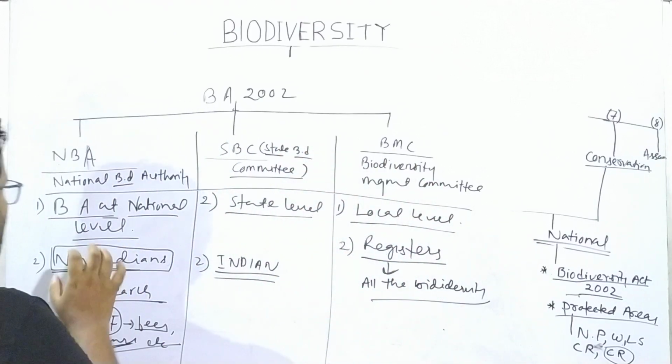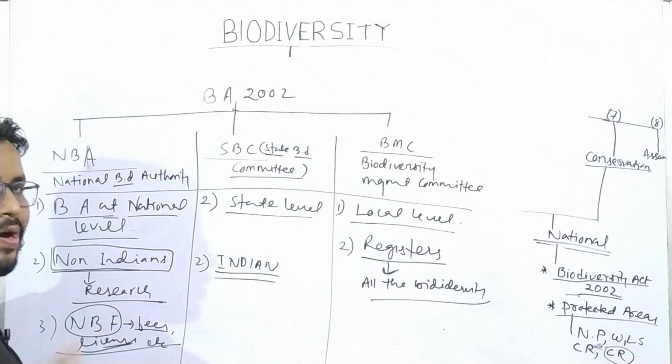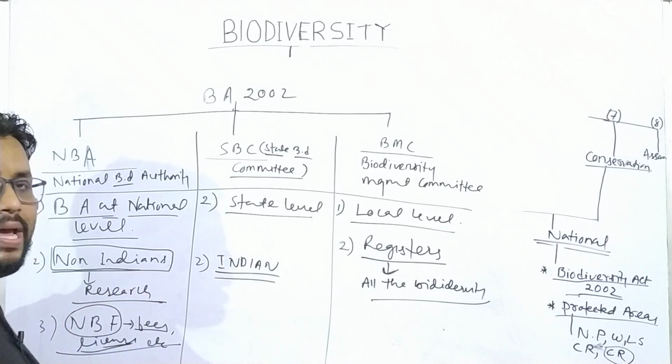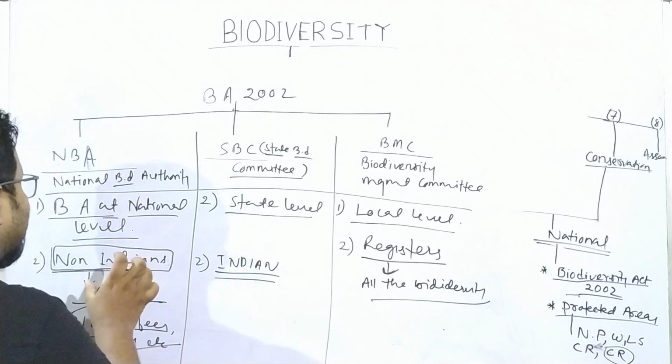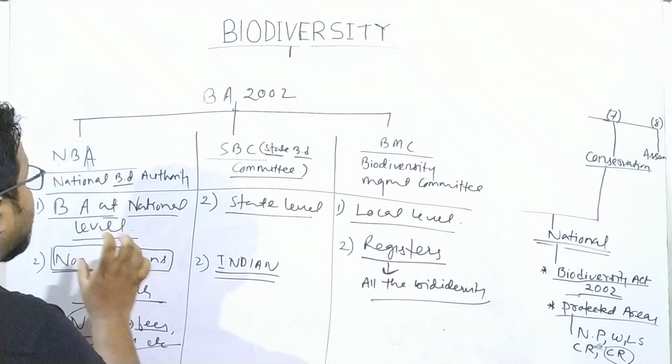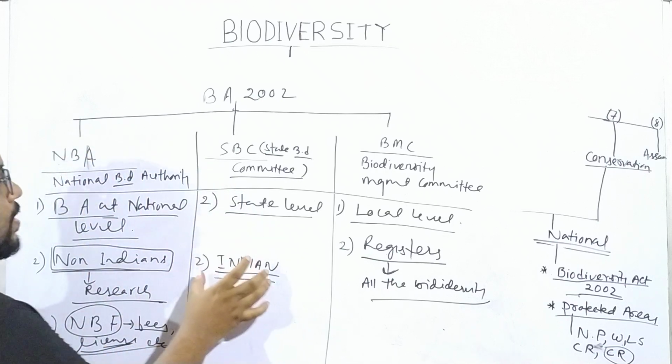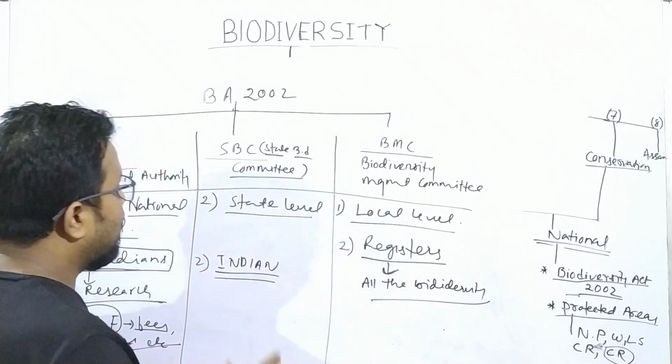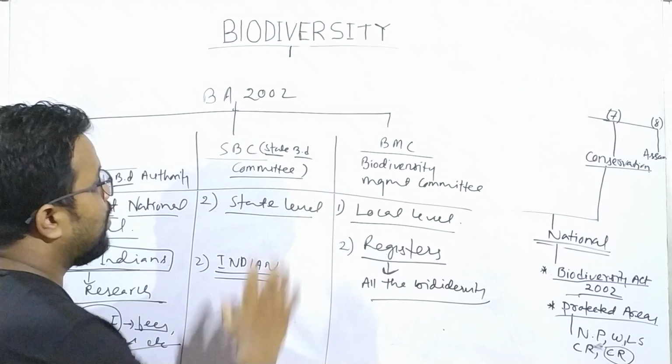If a non-Indian wants to do research on Indian biodiversity, he or she has to take prior permission from NBA. If the research fellow is Indian, then he or she has to take permission from SBC.